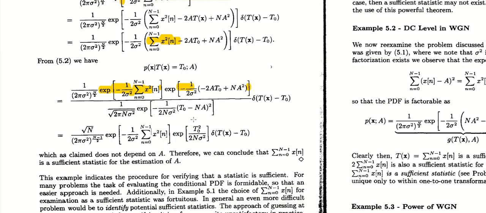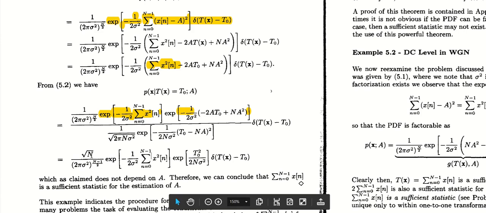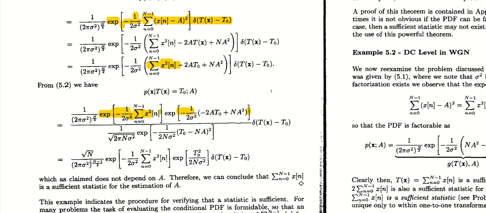So let's look one more time. You have P of X conditioned on T0 and A, which eventually equals this term. This term is all known variables. Everything is known, so it doesn't matter. And then you have the summation of x squared, and then the exponent of this.